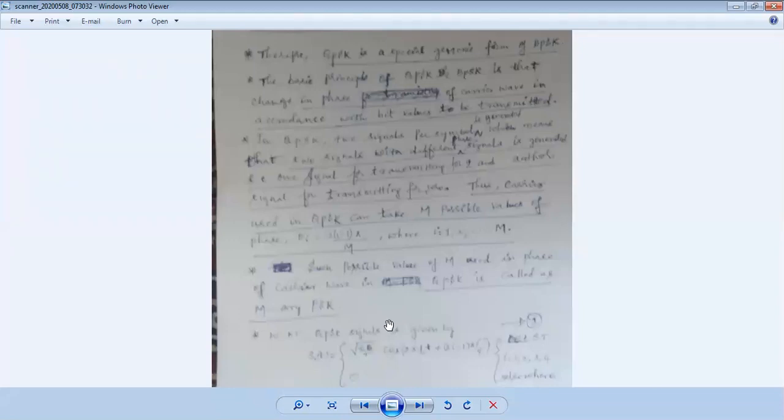Here, in M-ary PSK, instead of pi by 4, which we defined only for quadrature, where it may take pi by 4, 3 pi by 4, 5 pi by 4, or 7 pi by 4, I am going to use M possible values. I'm just removing one of the conditions, the quadrature.